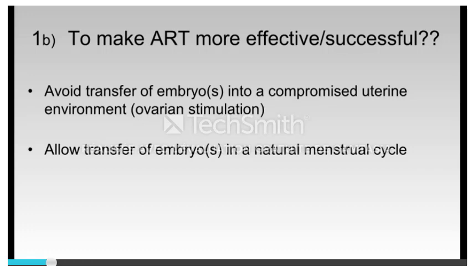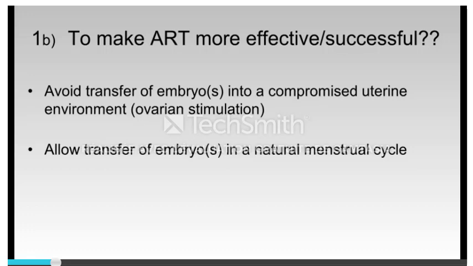Interestingly and probably excitingly going forward in this field, it might allow us, although we're still very early in the development of this particular approach, to make ART more effective and successful by avoiding the transfer of embryos into what many people believe to be a compromised uterine environment due to exposure to very high levels of steroids as a result of ovarian stimulation. The other side of that coin, of course, is to allow us to transfer them into a more normal uterus in a normal menstrual cycle.